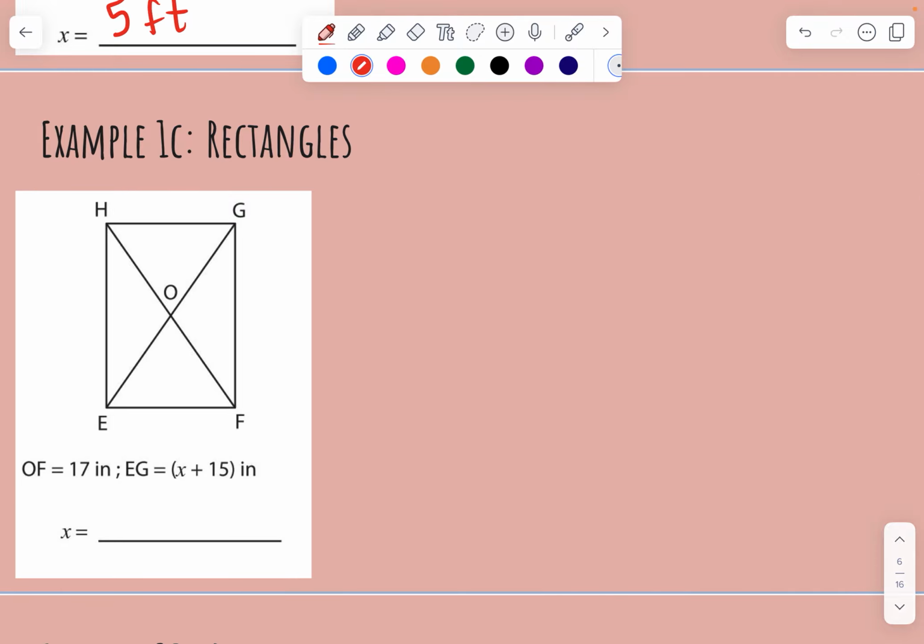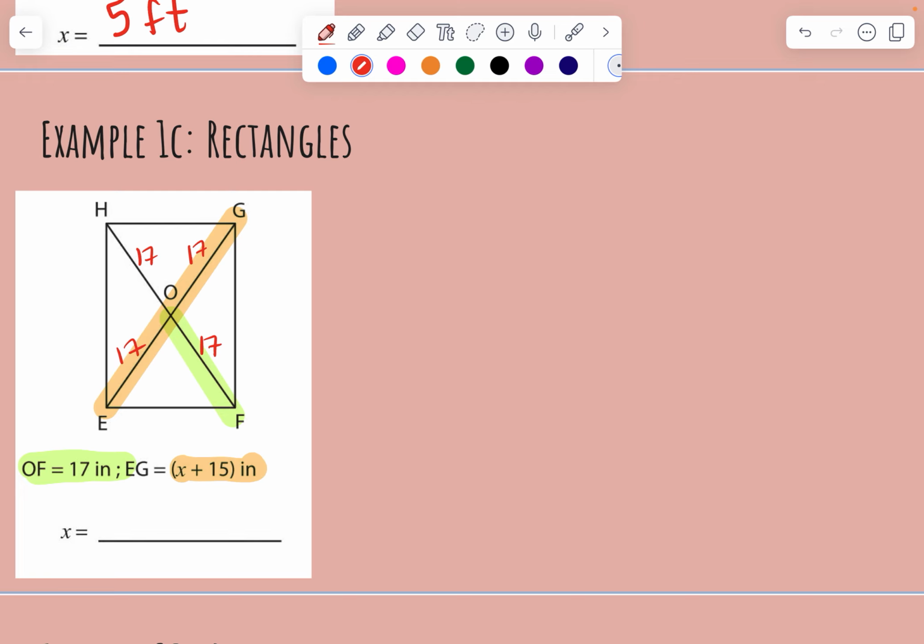Let's look at another one here. OF is 17. So that's 17. All of these little parts then are 17. And EG, this whole thing, is equal to x plus 15.